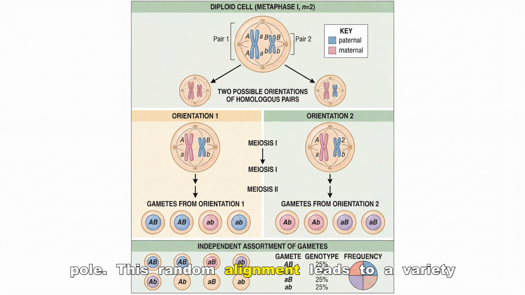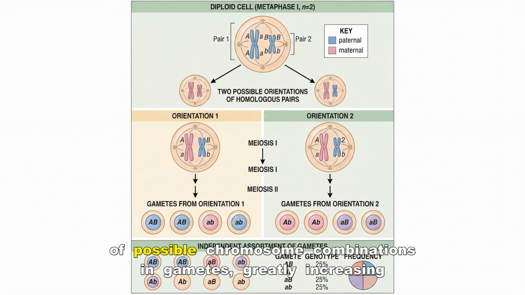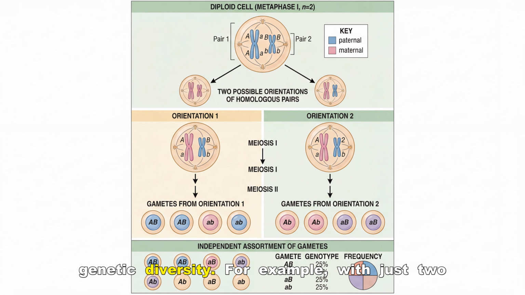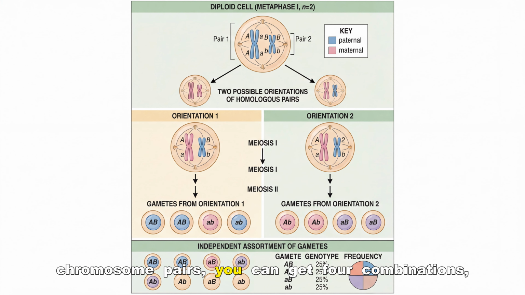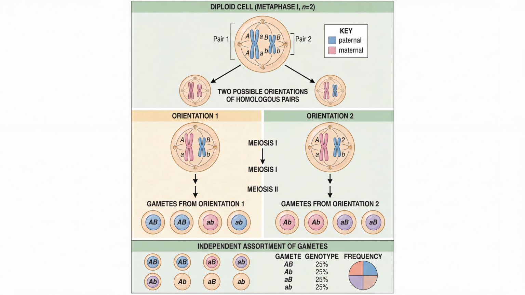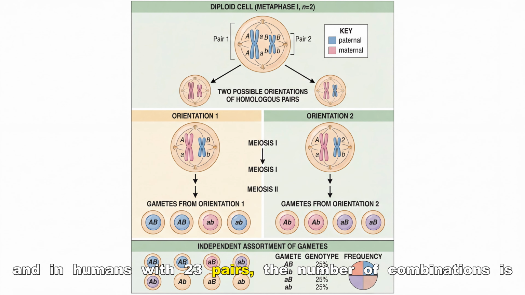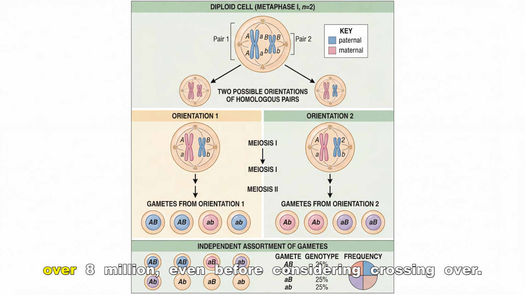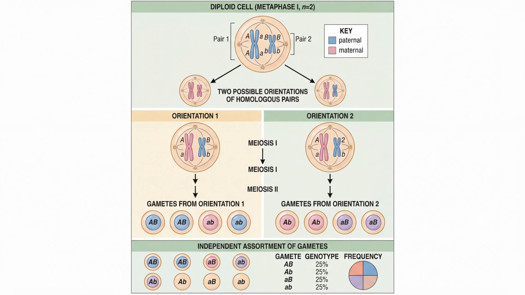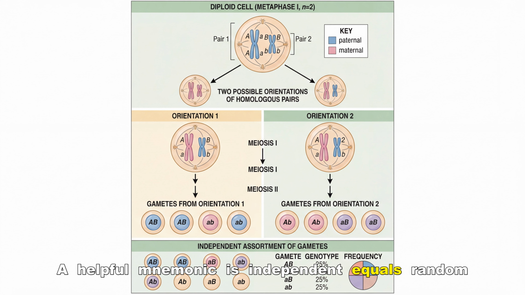This random alignment leads to a variety of possible chromosome combinations in gametes, greatly increasing genetic diversity. For example, with just 2 chromosome pairs, you can get 4 combinations, and in humans with 23 pairs, the number of combinations is over 8 million, even before considering crossing over. A helpful mnemonic is independent equals random arrangement.